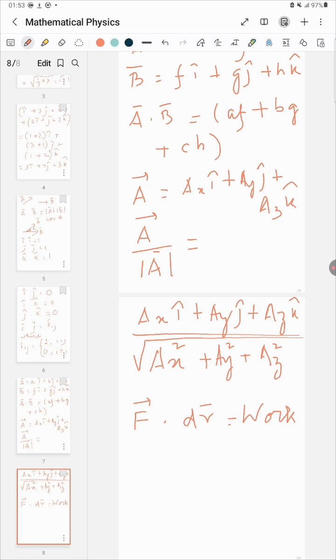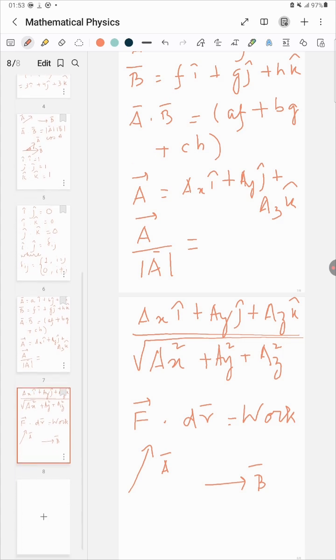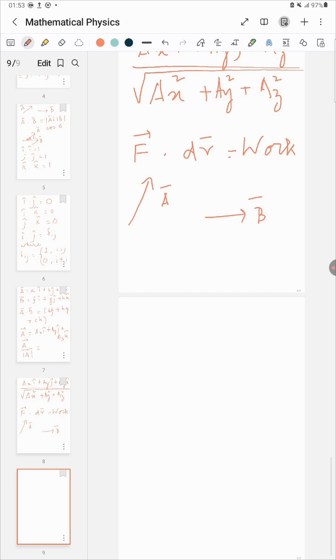For example, consider again those two vectors, vector A and vector B. Now the cross product between them would be mod A, that is modulus of A, mod B, that is magnitude of B, into sine theta, where theta is again the angle between A and B, and there will be an n cap with it, n cap being the direction.